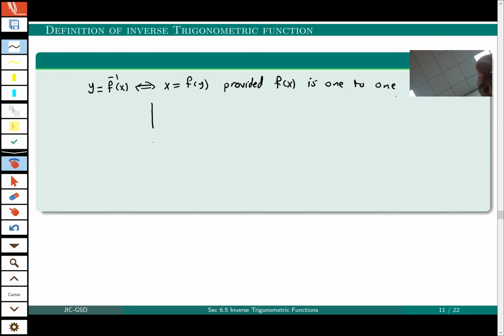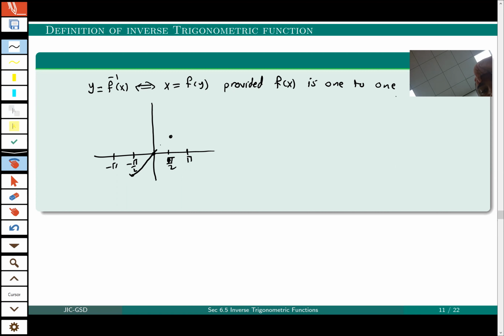Remember, the sine function and cosine function are not 1 to 1, but in a restricted domain they are. If this is pi over 2, this is minus pi over 2, and this is minus pi. We know for the sine function, sine 0 is 0, sine pi over 2 is 1, sine minus pi over 2 is minus 1.